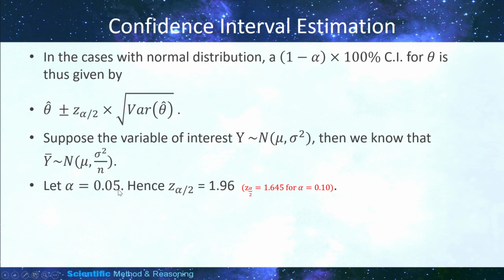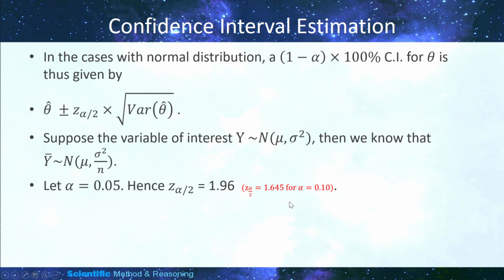So therefore, to construct a 95% confidence interval for the unknown parameter mu, the population mean, we let alpha equal 0.05 for 95%. So therefore, z alpha by 2 is 1.96, the magic number that this quantile is provided in the examination. Okay, 1.96. Now, of course, if alpha equals 0.1, that means we would like to have 5% probability on the left tail and 5% on the right tail.